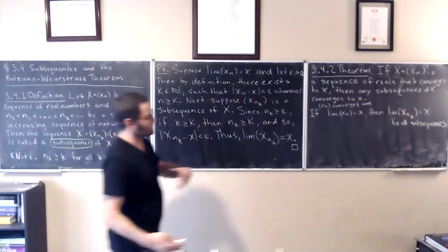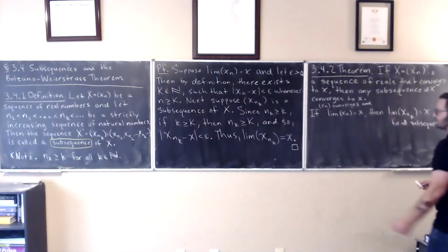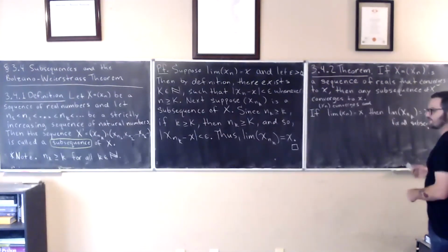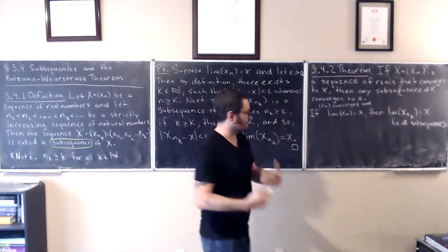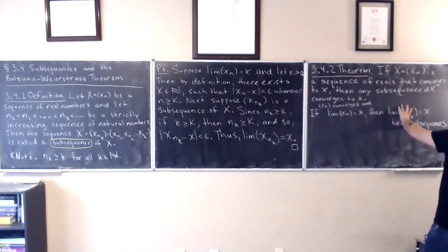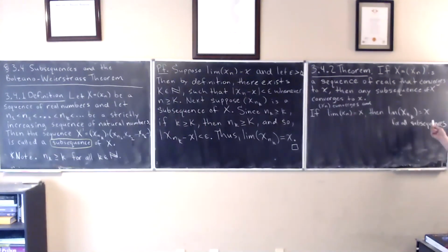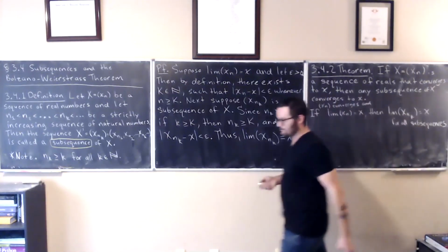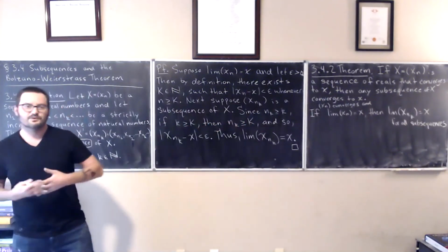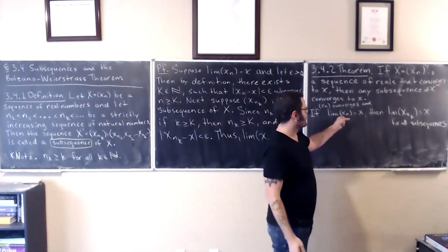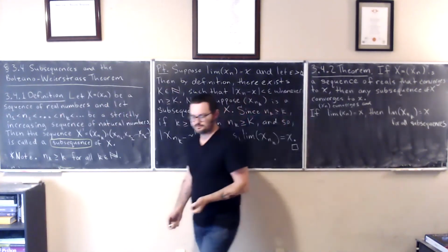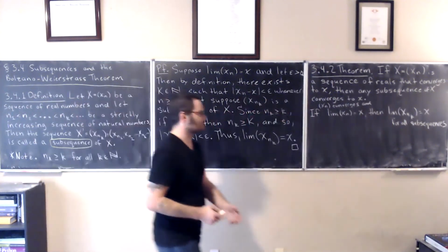So if you look at this in negation, not negation, I'm sorry, contrapositive, because the contrapositive of a conditional has the same truth value as the original conditional. So not this implies not that. For example, a consequence of this is that if you have two subsequences that converge to two separate limits, then the original sequence is not going to converge.